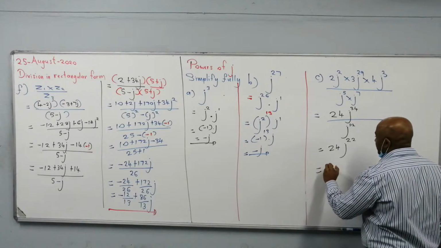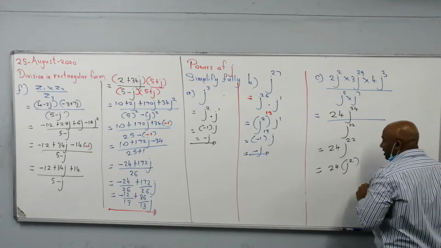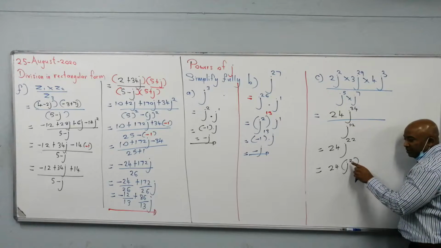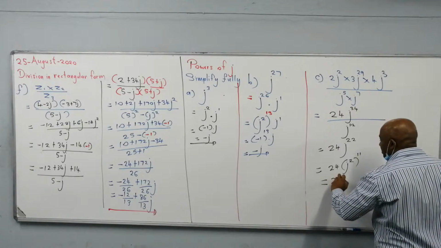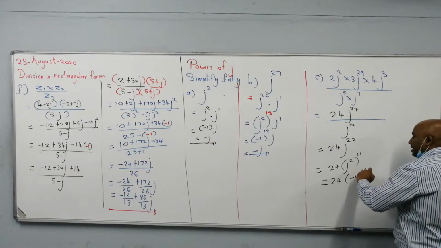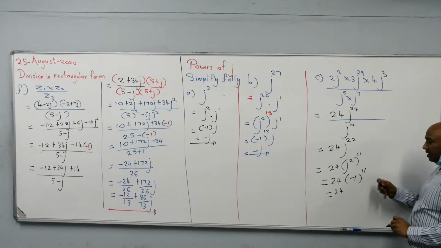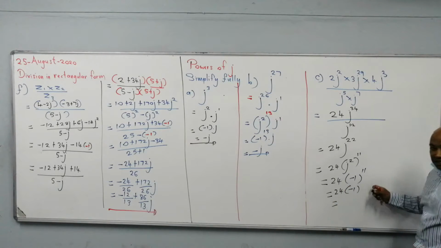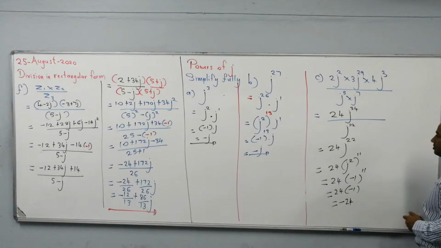So therefore, that's going to be 24 times j squared, and any even number can be divided by 2. 22 divided by 2 is 11. So now that will be 24 times minus 1 to the power 11. Minus 1 to the power 11 is minus 1. And then minus 1 times 24 is minus 24.